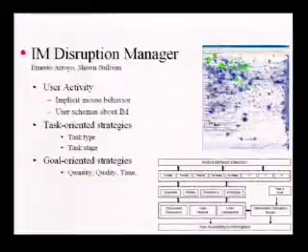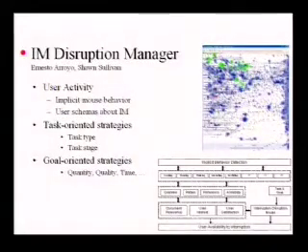What we have done is started making a whole model of all of the different things that affect whether you're going to be ready to be interrupted and take the interruption on and become disrupted. That means you stopped what you were doing.